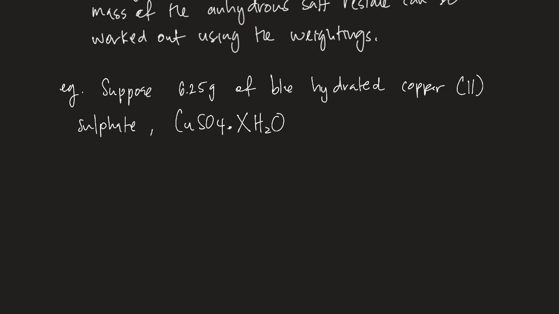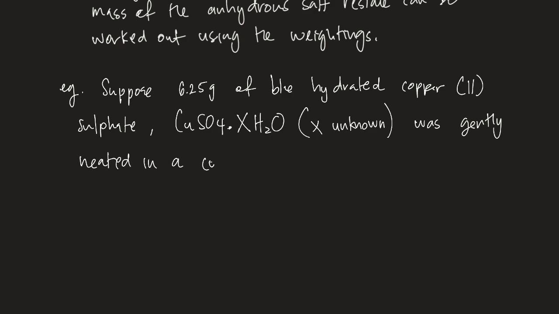Right, the X is unknown, so we don't know how many moles of water is attached to it. Was gently heated in a crucible until the mass remaining was 4 grams.